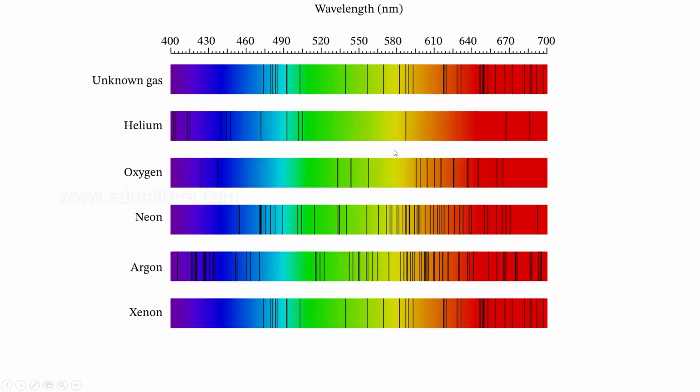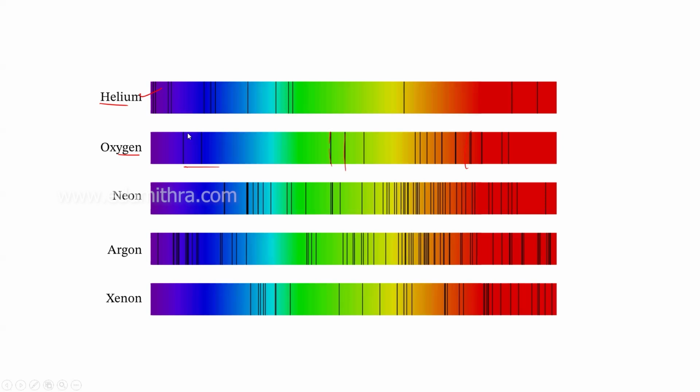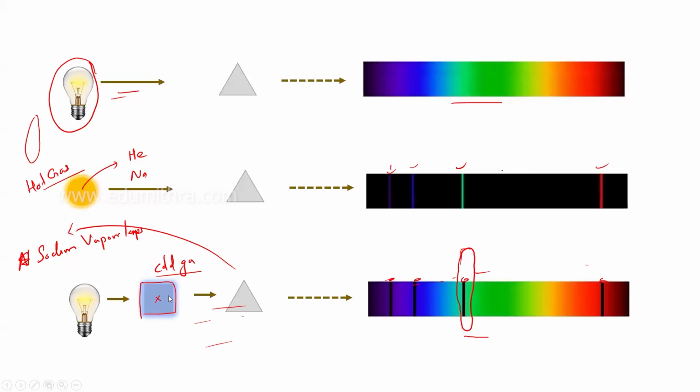Now let's see, here you have an unknown. What the scientists do is compare it with the standard. How do we know that helium, oxygen, neon, argon, xenon have these patterns? Scientists do experiments in the lab, like the same experiment that I explained here. They take helium inside, find the pattern, record it and keep it somewhere.